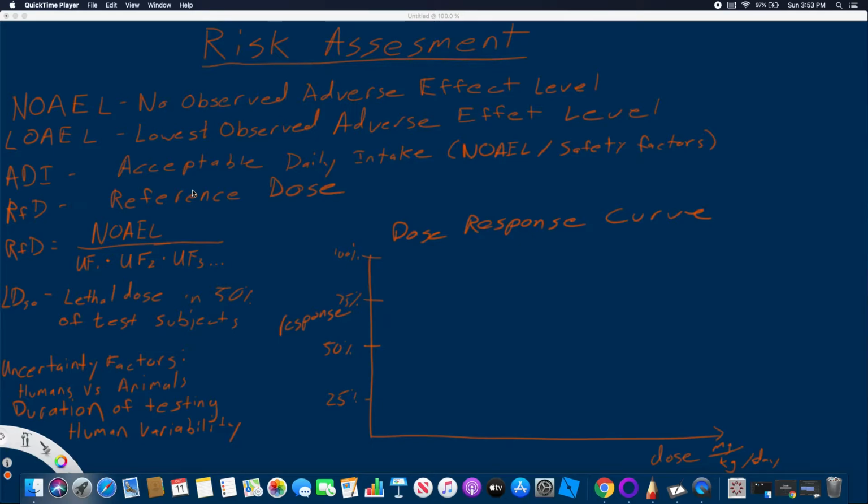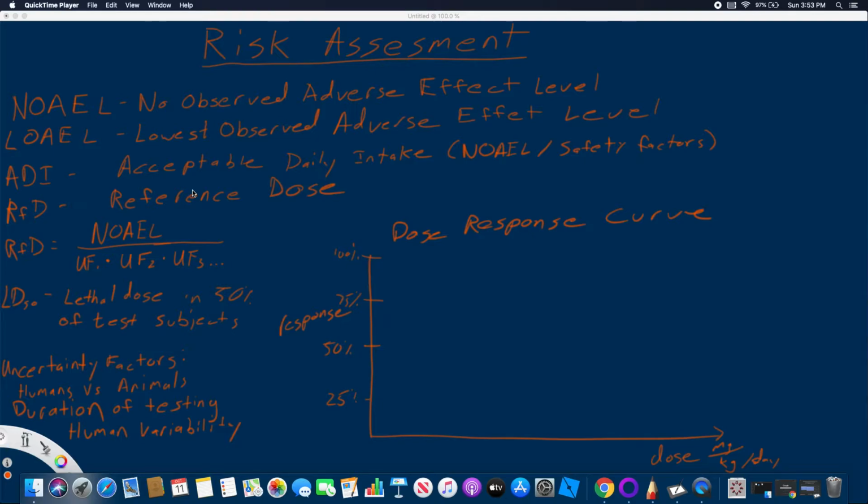If you have 100 mice, you expose them to some concentration, what would cause death in 50% of the test subjects? That's kind of how lethality of a contaminant is determined, basically on what causes death in 50% of test subjects.